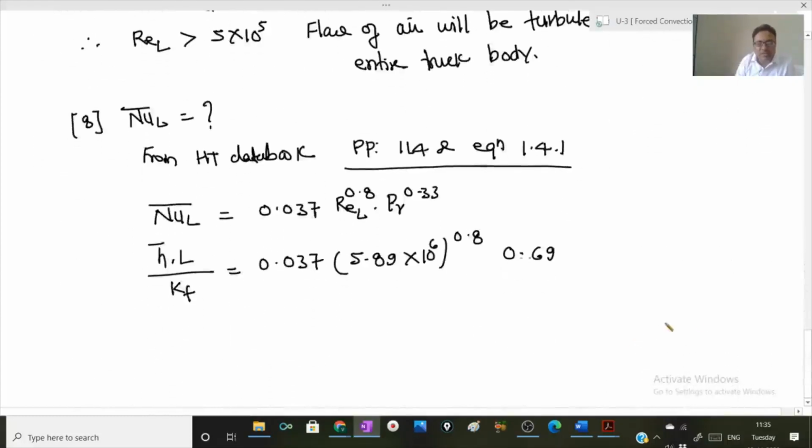So 0.697 power 0.33, or h bar into 4.5 over 0.0276 is equal to 855.141.